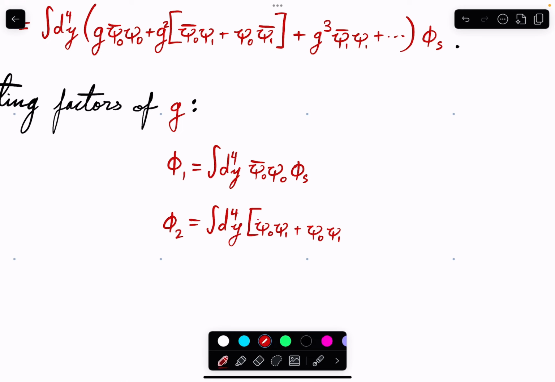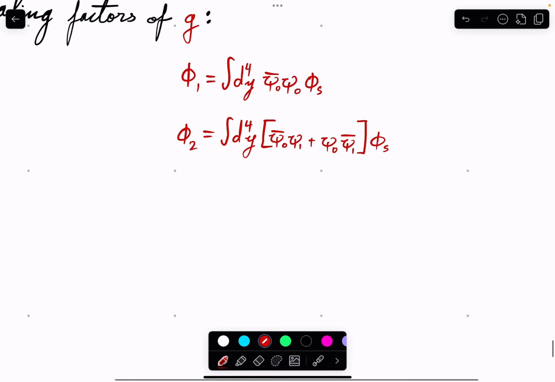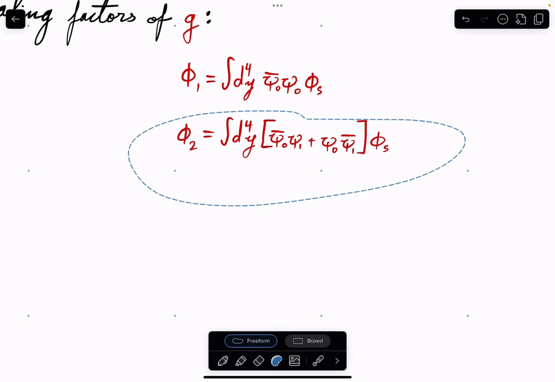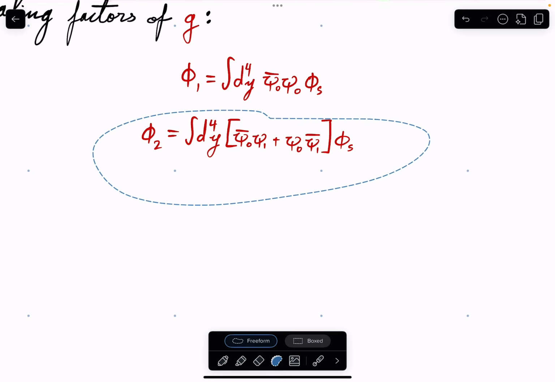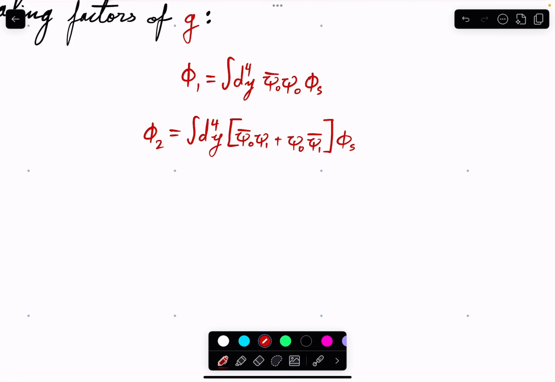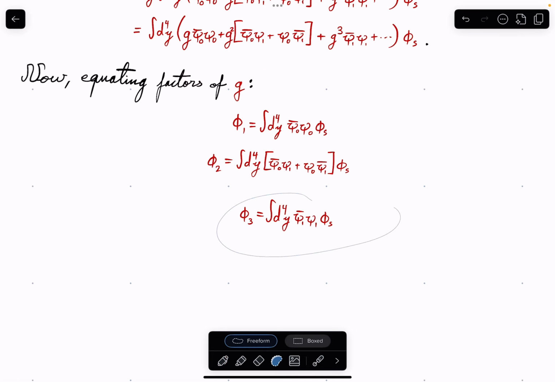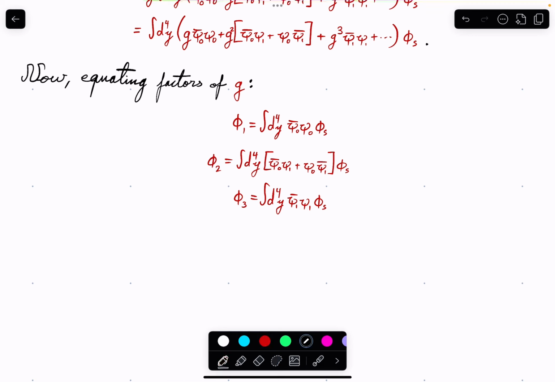I'll write it in the same way that I had it before, like this. So we get this. And then I'll just write the third one: the integral over y of psi bar 1 psi 1 phi s. And this just continues on and on.